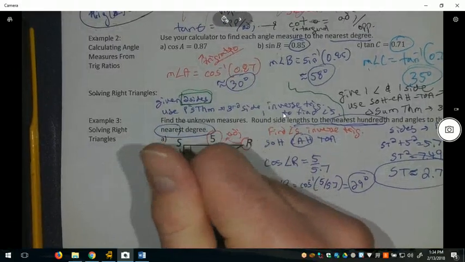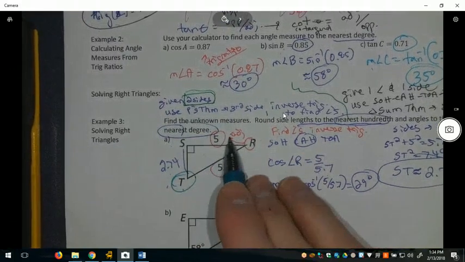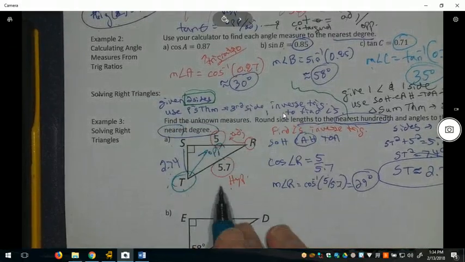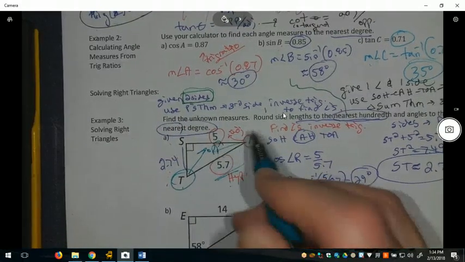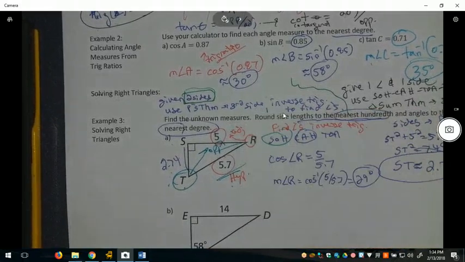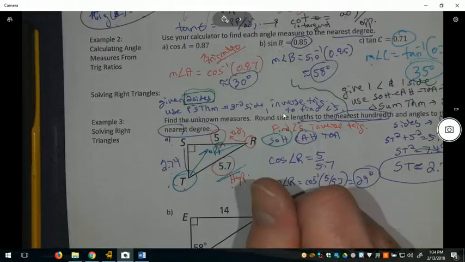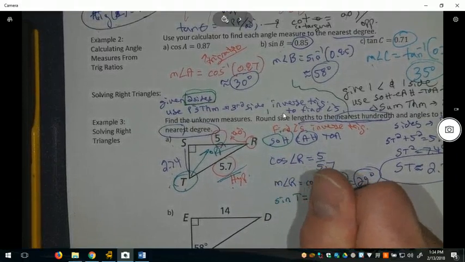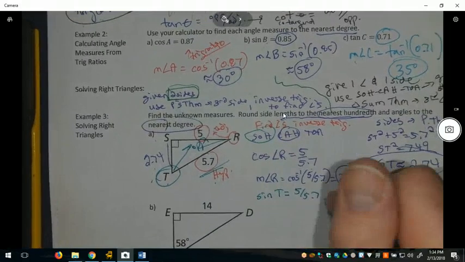When I go to find the measure of angle T, the 5 is no longer the adjacent. The 5 is now the opposite. The 5.7 is still the hypotenuse. So I have a different function. I have sine. Sine of angle T is 5 over 5.7.